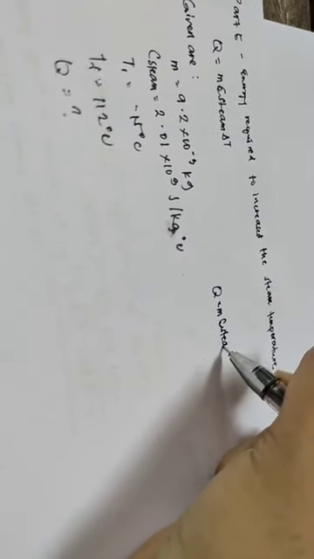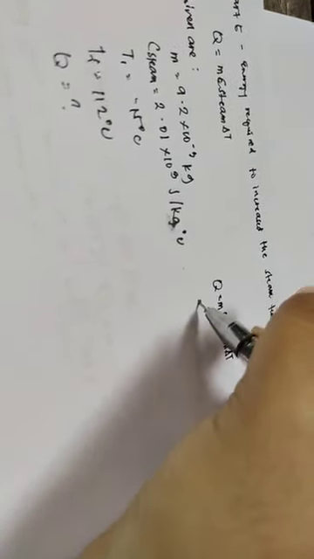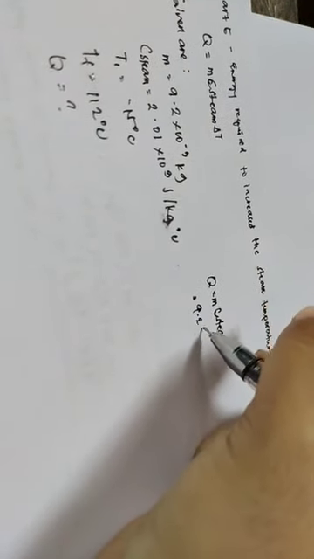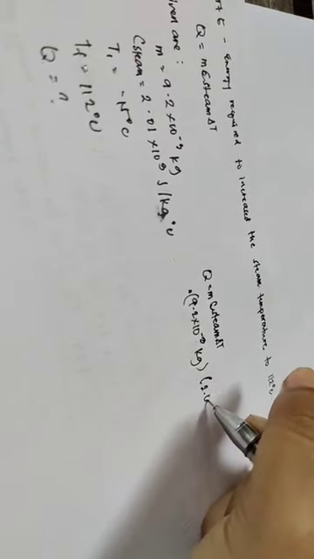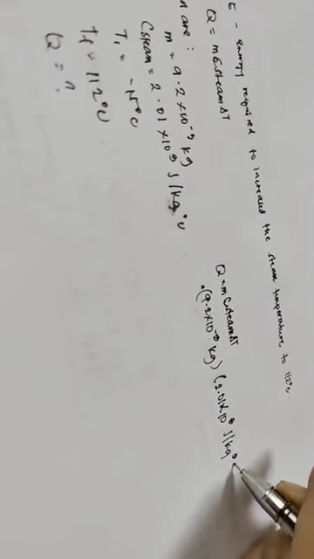The mass is 9.2 times 10 raised to the power of negative 3 kilogram. The specific heat of steam is 2.01 times 10 raised to the power of 3 joules per kilogram degrees Celsius, and the change of temperature, which is final temperature minus the initial temperature, is 112 degrees Celsius minus negative 15 degrees Celsius.